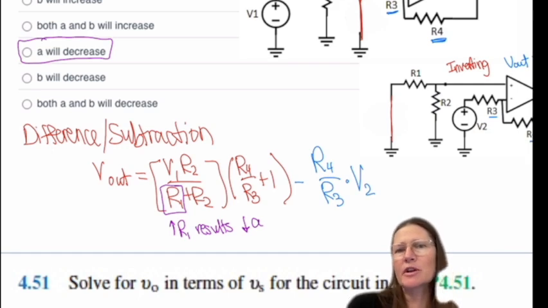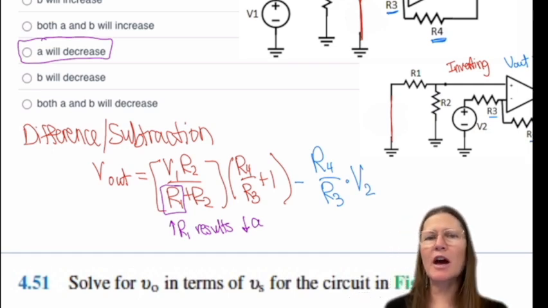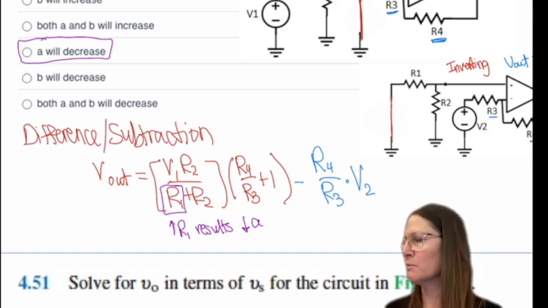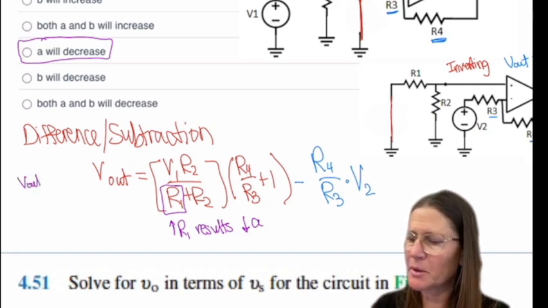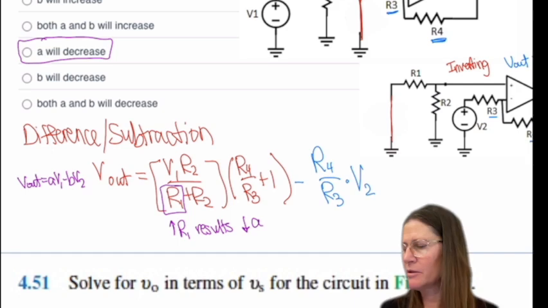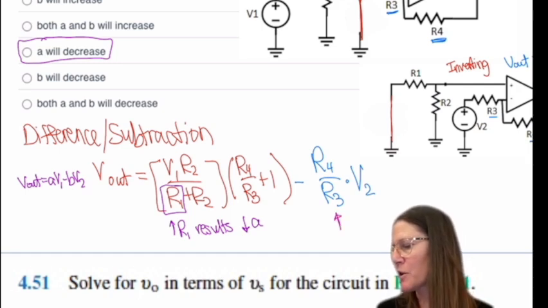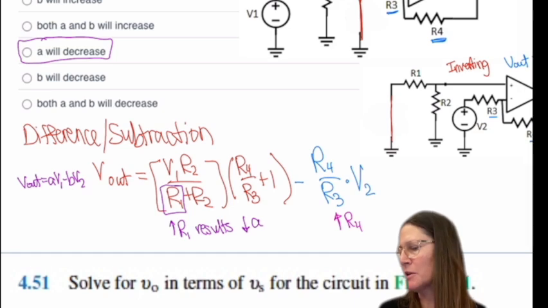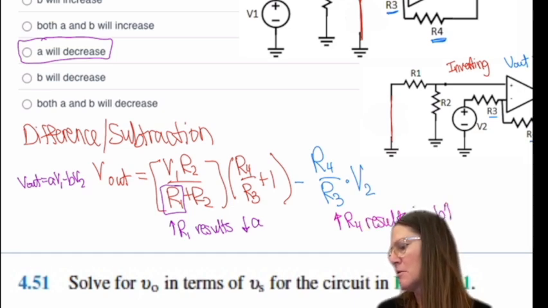What about increasing R4? What change would that have to your V value? Here, let me write this. This was A V1 minus B V2. So say we increase our R4, what happens to B? It increases. Correct.